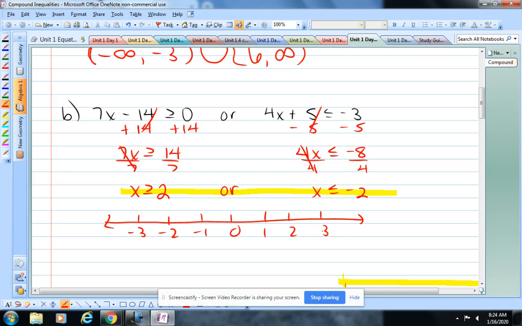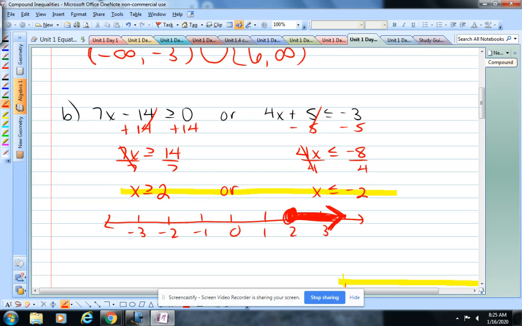All right, so I'm just going to do them in order, and they should be opposite when I finish. x is greater than or equal to +2. So I go to +2. Does +2 get an open circle or a closed circle? Closed circle. And where do I shade for greater than or equal to? To the right. So like I said, it's okay that those are not in the correct order as their number line will be.